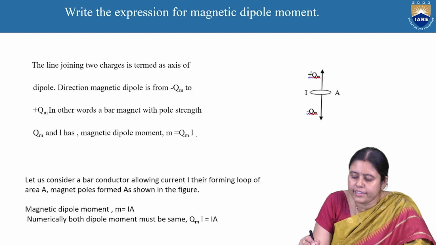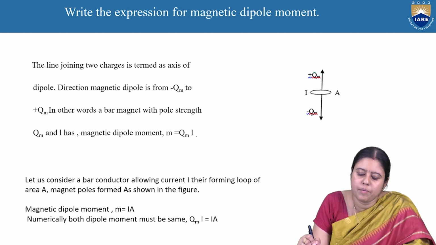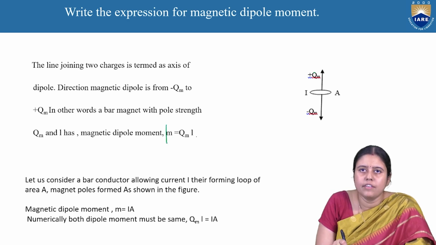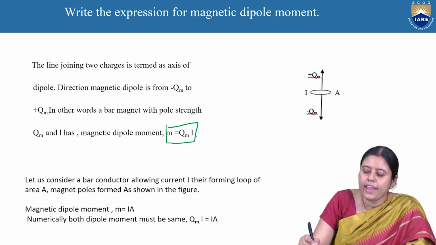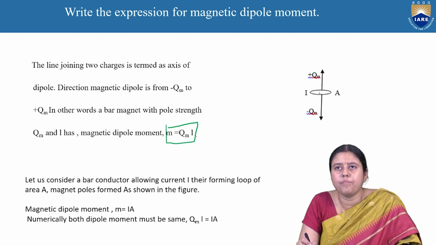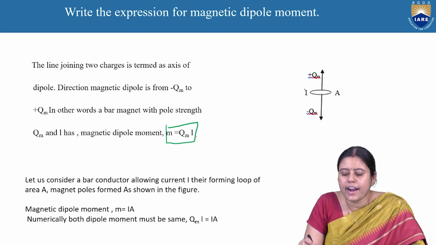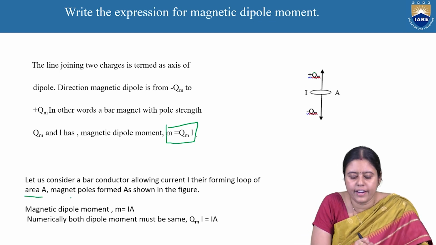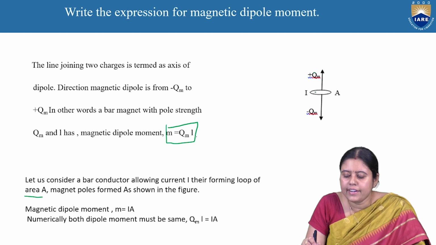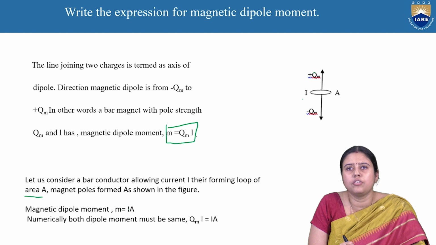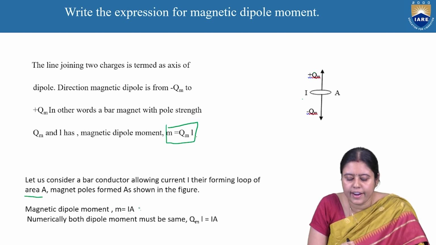Again we take plus qm and minus qm, so the magnetic dipole moment m is equal to qm into L, where L is the length. Now consider a current-carrying loop with cross-sectional area A and current I ampere.